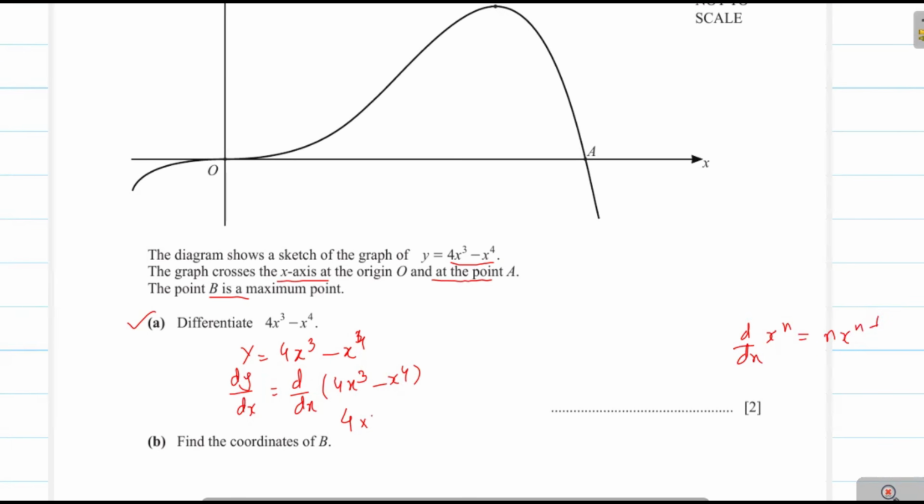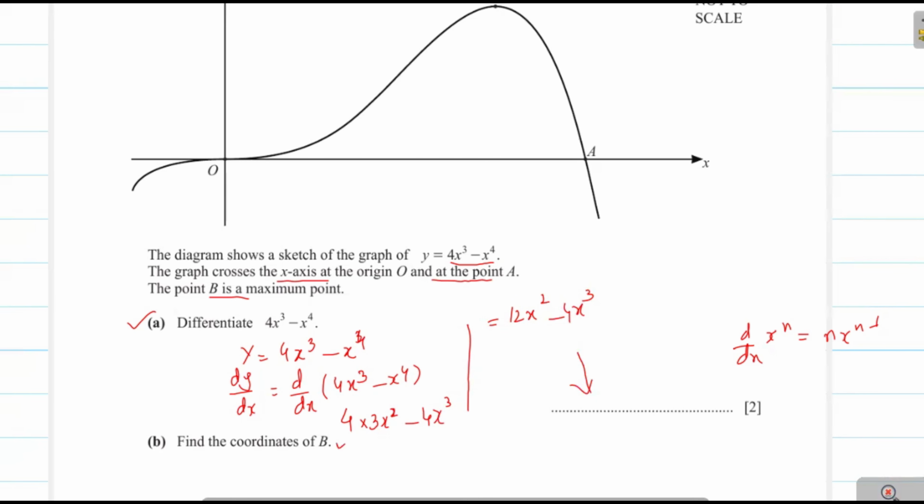Therefore, this is equal to 3x square, and the power becomes coefficient, and we reduce the value 1 in the power, and next is x power 4. We can write it as 4x cube here. After this, we get that's equal to 12x square minus 4x cube, and this is the answer.